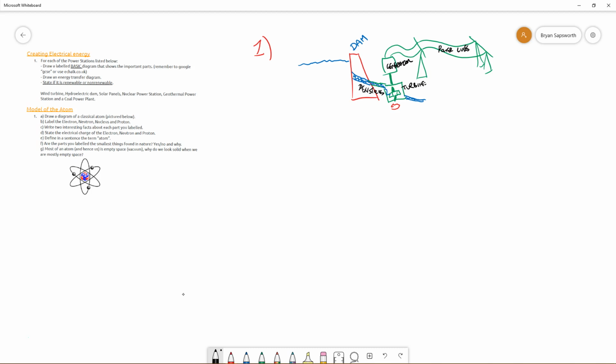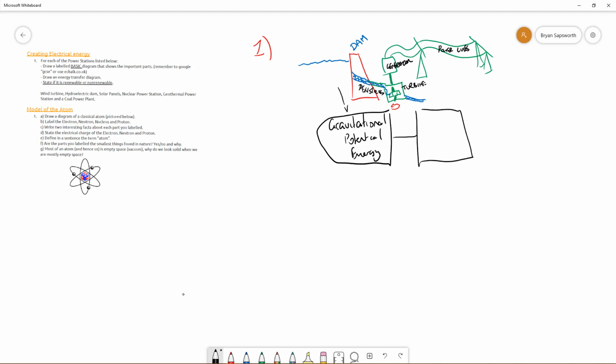Okay, so first up we start off with gravitational potential energy, and that's in the water, okay? And then that goes into the kinetic energy of the turbine, and also the generator, okay?